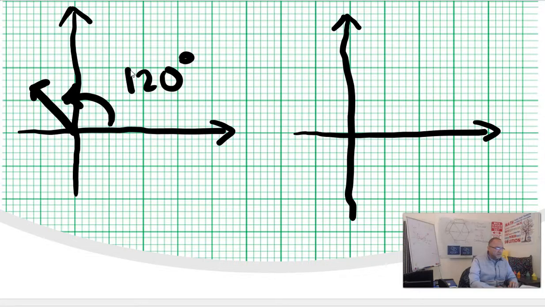counterclockwise. So how do I calculate the sine and the cosine, the breakup? How am I going to break up this vector, this total force? I need to take into consideration this other angle, because I want to use the tip of the vector. Remember, we use the tip of the vector to draw this perpendicular.